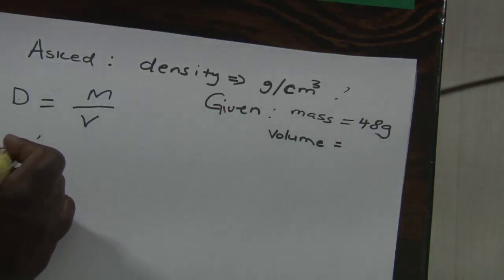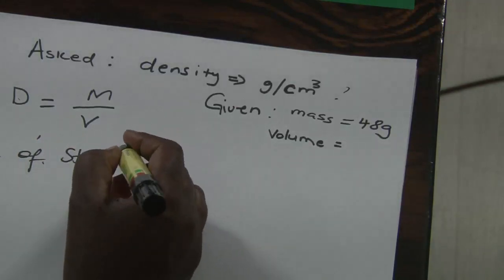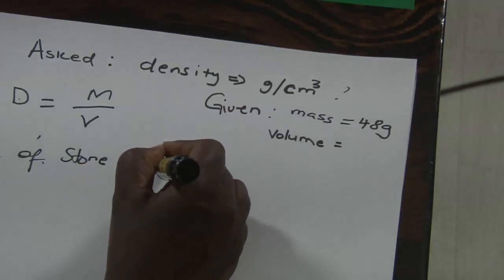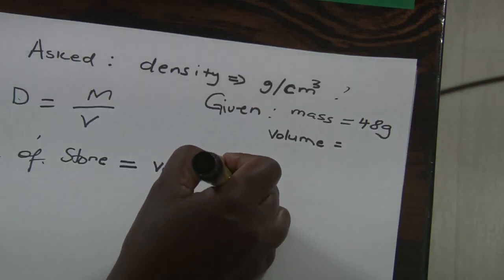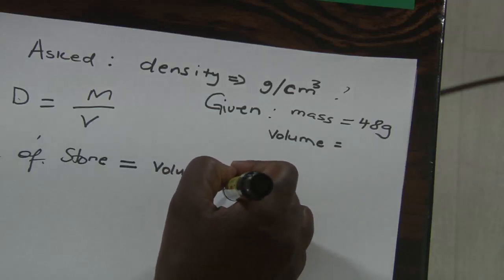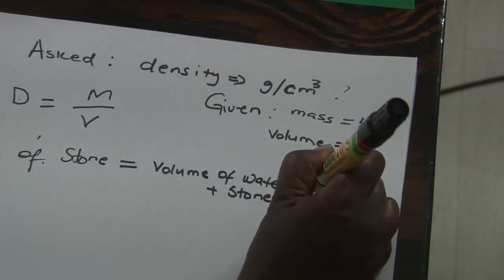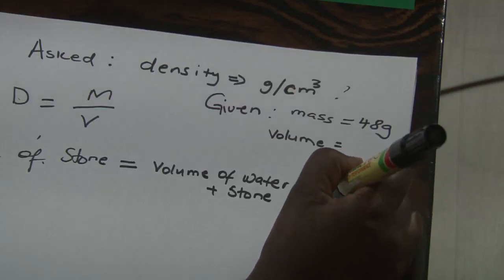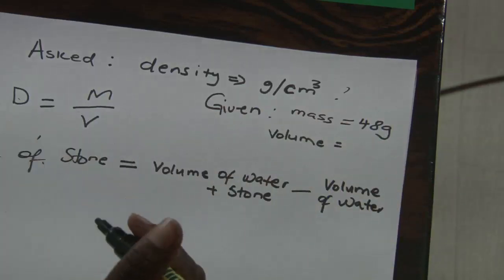Volume of stone is given by the volume of water plus the volume of the stone, and then from this one we deduct the volume of water alone so that we can get the volume of the stone.